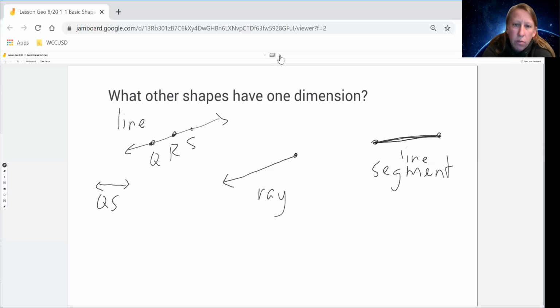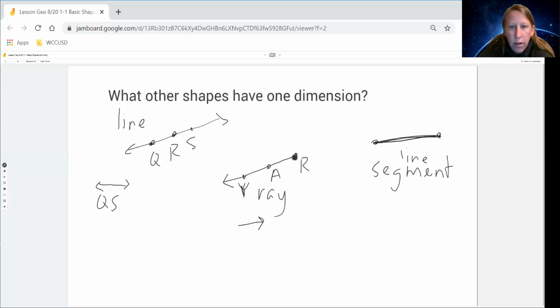If I want to label a ray, let's do R, A, Y. The symbol for a ray is always going to be an arrow to the right, even if my picture is pointing to the left. That doesn't matter, it's just a symbol. It's always going that way. And it always starts with the end point.